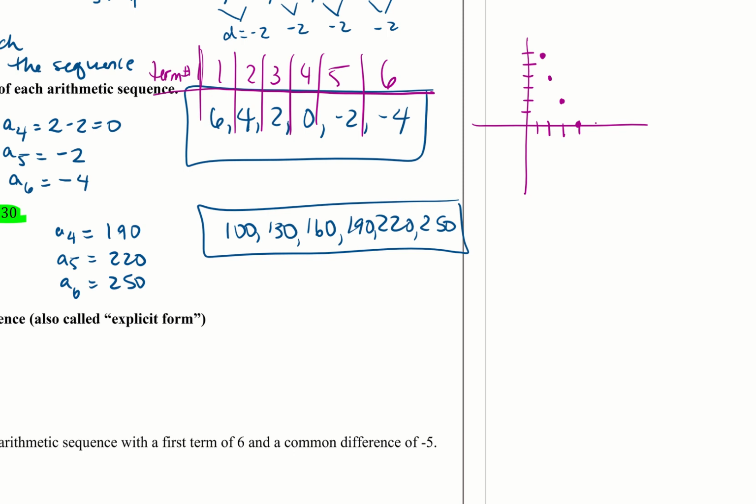I'm not on a grid, sorry. 5, -2, and 6, -4. Perhaps if my handmade grid here were a little bit better. Do you see how this is linear?